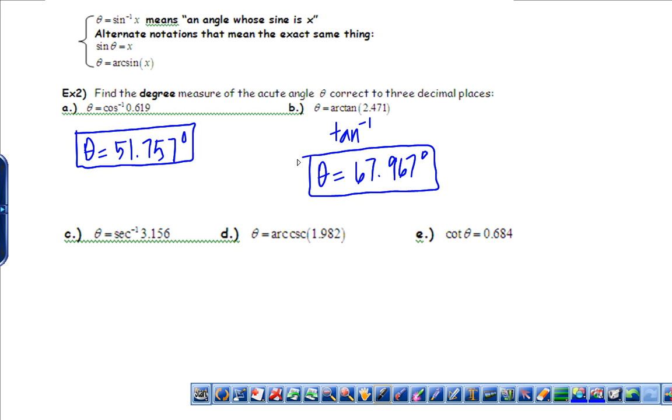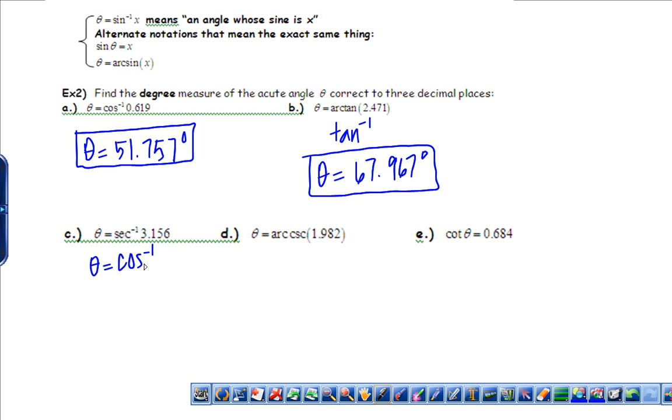Okay, unlike the section above, this is going to be totally different. I cannot take the inverse of the arc secant of 3.1. Since arc secant is 3.1, I'm going to say, what is the cosine of this number? If secant is this, what is the cosine?